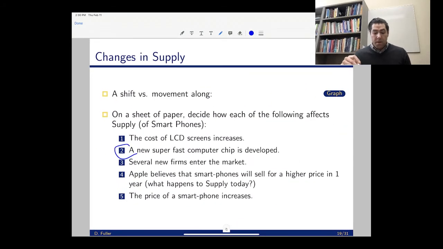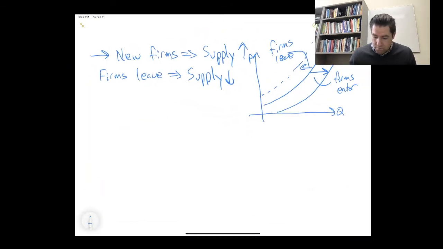Okay, so the next one that we have is really the last one dealing with shifts: our beliefs about future prices. So in this example, Apple believes that smartphones will sell for a higher price in 1 year from today. What's going to happen to the supply of smartphones today? Okay, well, let's think that through.